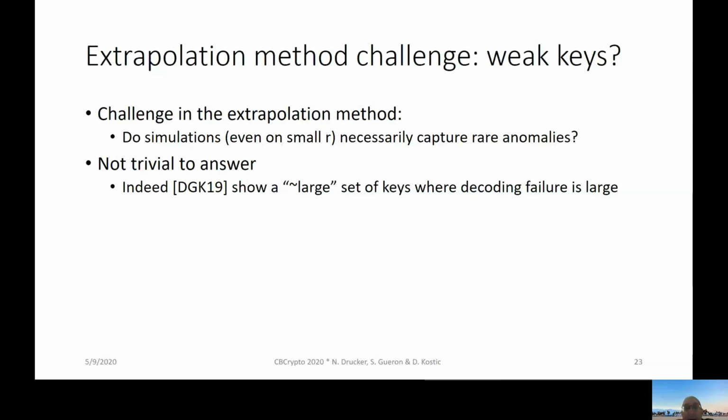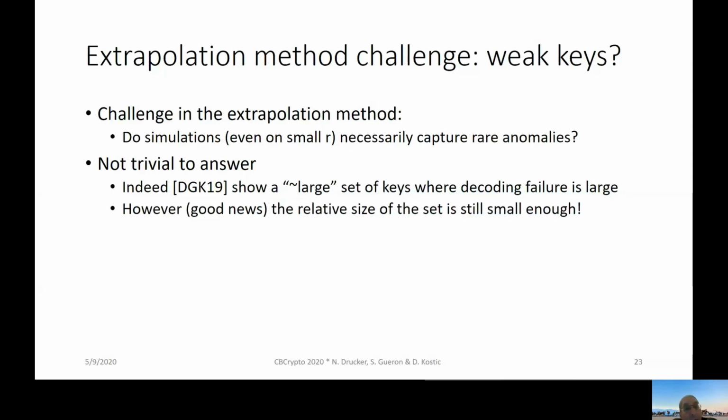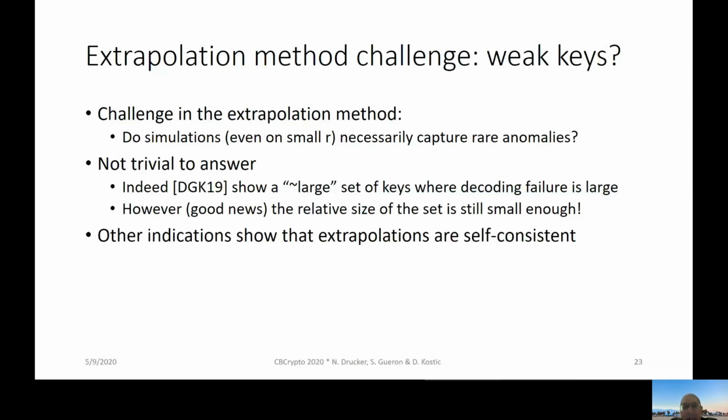The good news is that the relative size of this set of weak keys is still small enough. So it was not a counterexample, but it was something that indicates that one should be careful about these extrapolations.